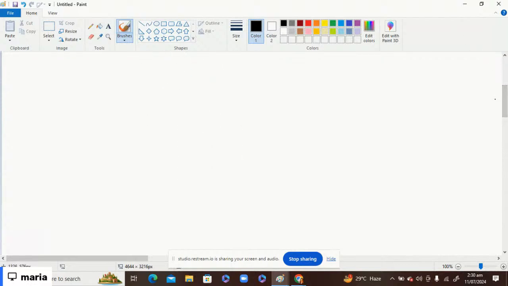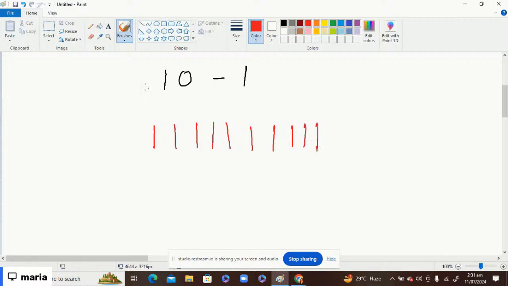Let's do the next. For example, 10 minus 1. What do we do firstly? First of all, draw the 10 lines. Everyone solve this question in your notebook. Draw 10 lines. One, 2, 3, 4, 5, 6, 7, 8, 9, and 10. Okay.